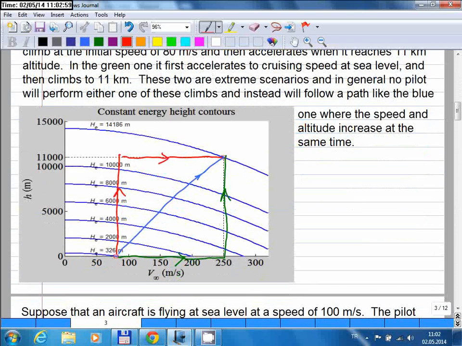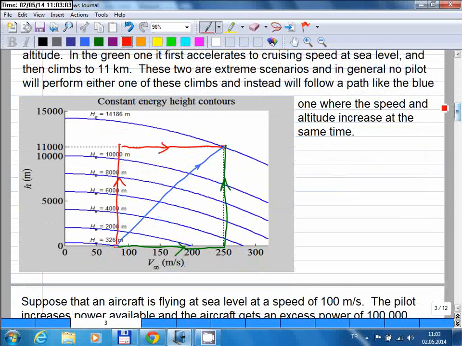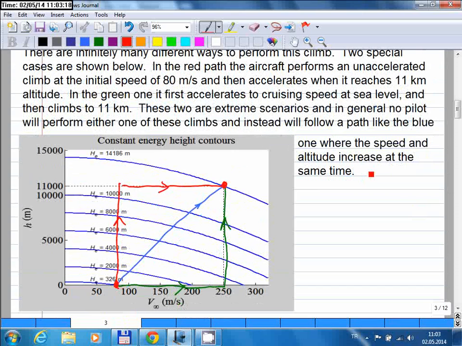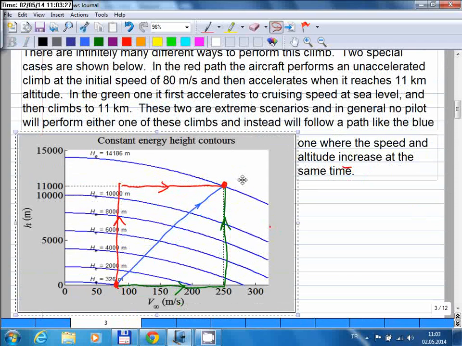One thing worth mentioning here is, in the example where we have an aircraft that takes off here and reaches the final point here, there is no single way of going from there to there, right? So I show you two special cases here. The first one is the red path. In this red path, the aircraft starts climbing at a constant speed, right?